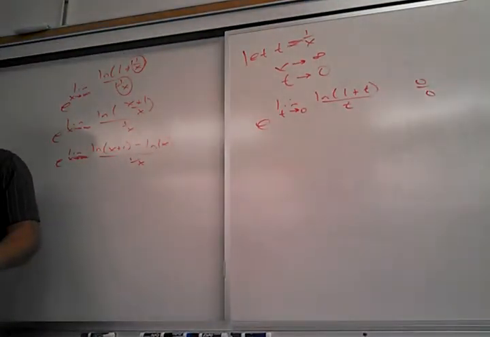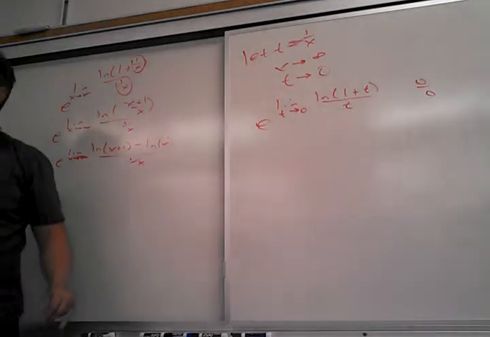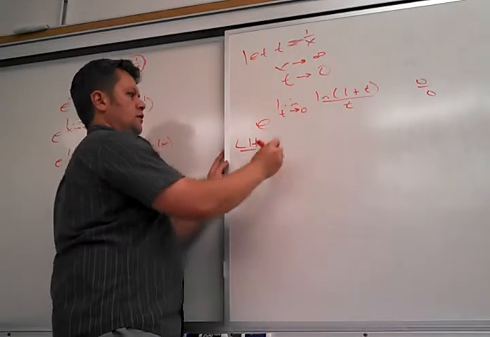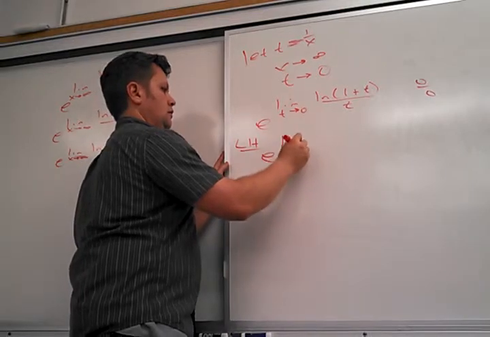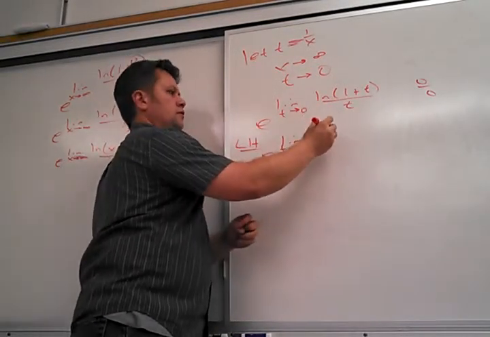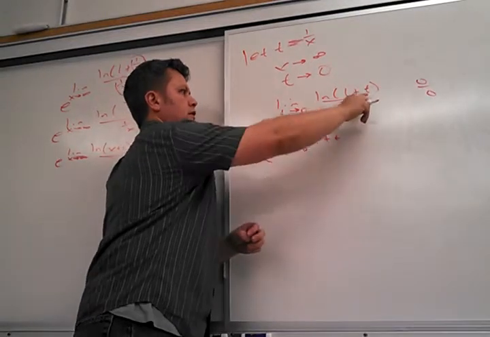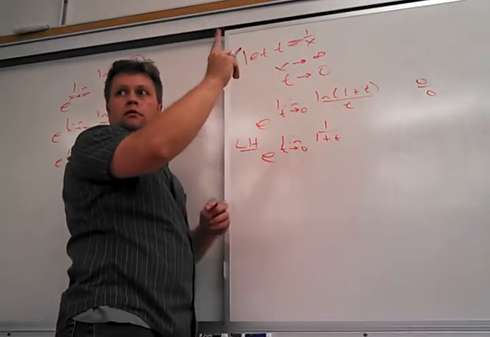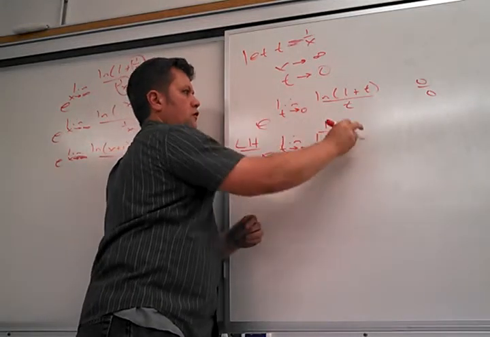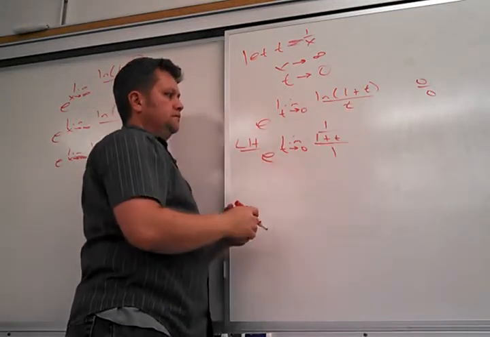L'Hopital's doesn't care what variable you have in there. So what happens on the top? 1 over 1 plus t, and the derivative inside is just 1, because the coefficient there is just 1. Over 1.